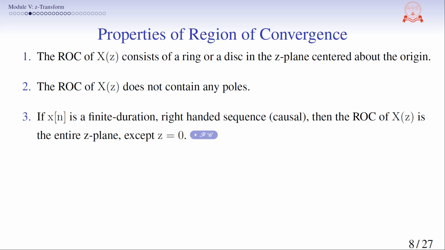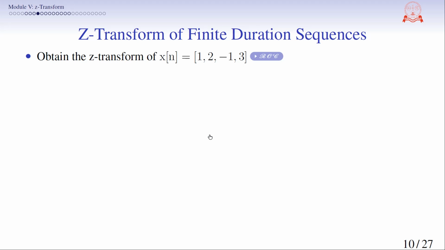If x of n is a finite duration right-handed sequence, which means that my sequence x of n is a causal sequence having finite duration, then the ROC of x of z is the entire z plane except z equal to 0. Let us go for an example.